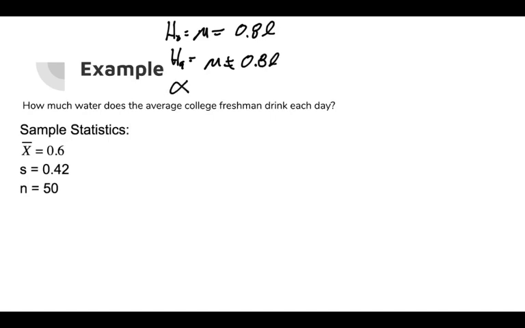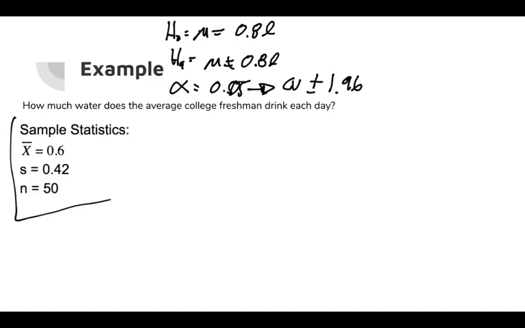We set our significance level at 0.05, sorry, which gives us a critical value of plus or minus 1.96. Okay, so that's where we are with all this stuff right now, and then we take a sample.